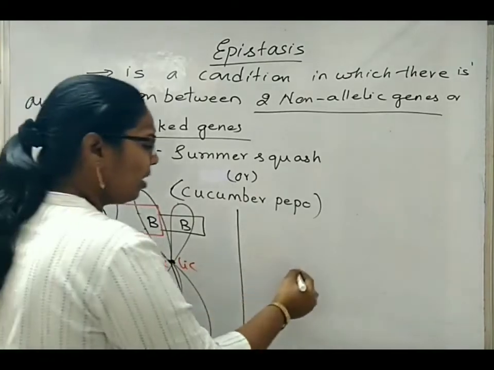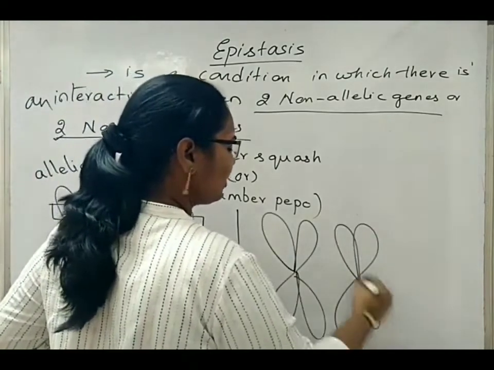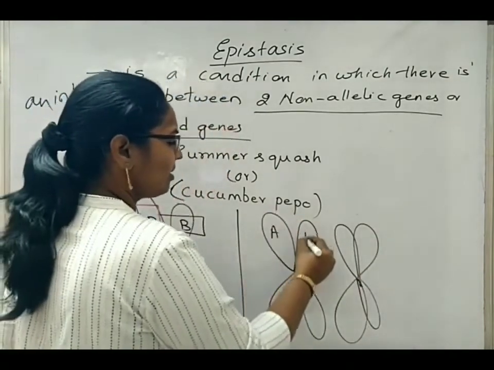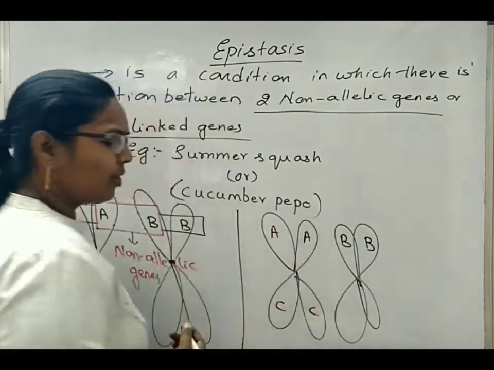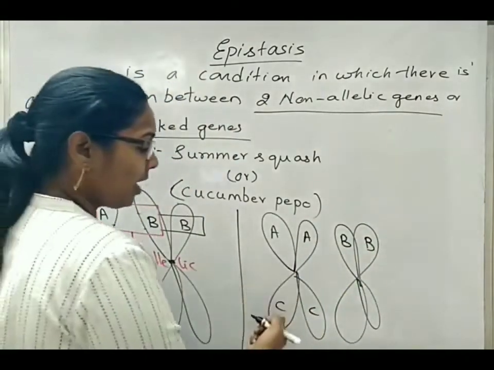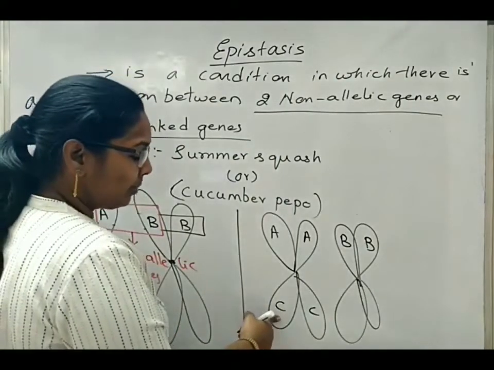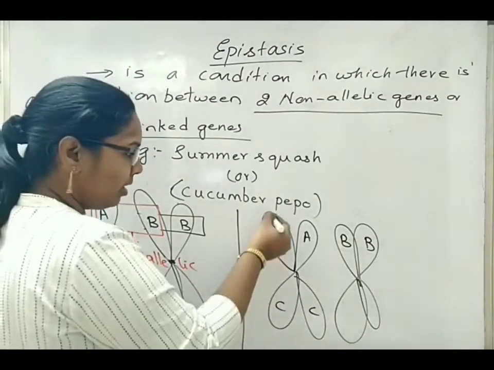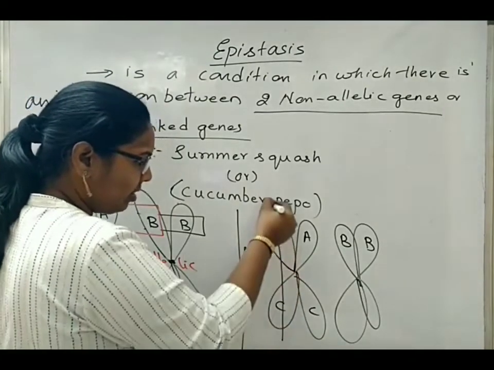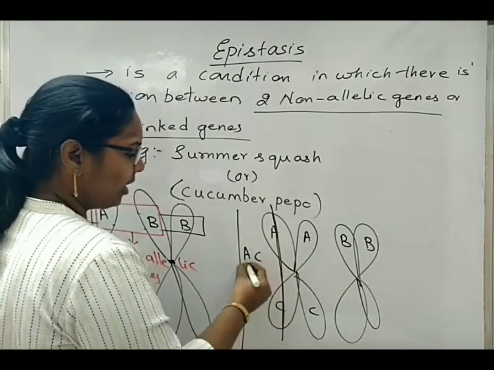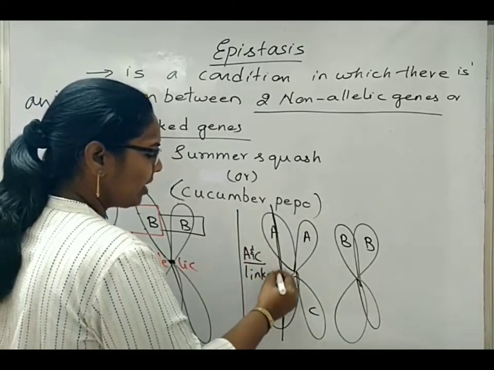Suppose we take a homologous pair of chromosomes and represent another allelic form or gene on another position of the same chromosome. This A and C, which are vertically connected on the same chromosome, can be called linked genes.